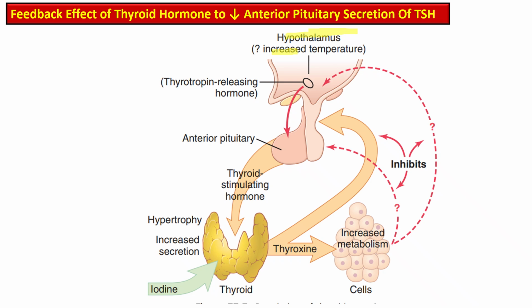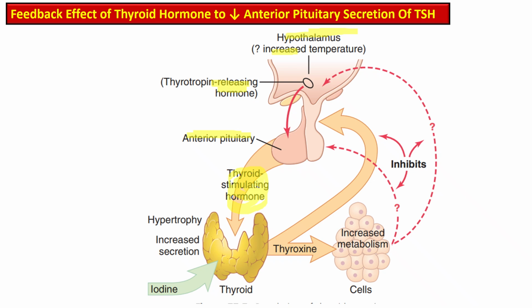It releases thyrotropin releasing hormone, and this thyrotropin releasing hormone stimulates the anterior pituitary and releases thyroid stimulating hormone from the anterior pituitary, that is also termed as thyrotropin.